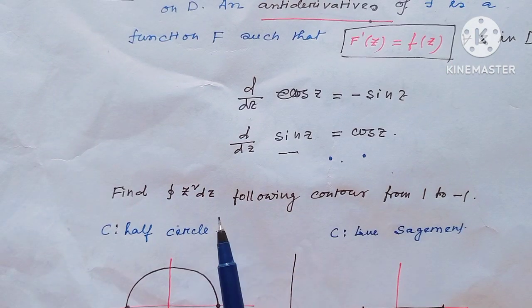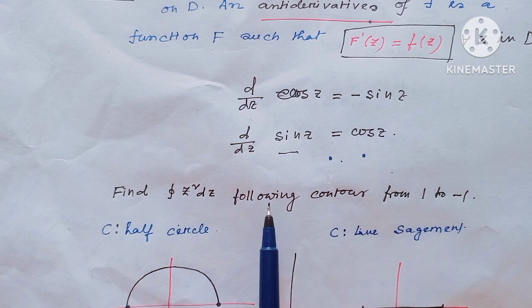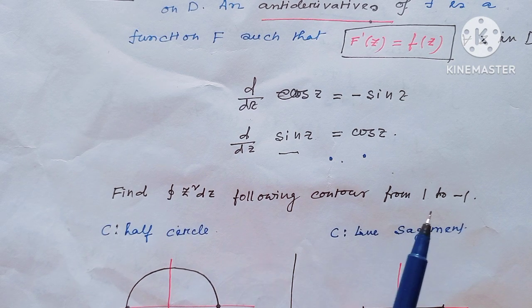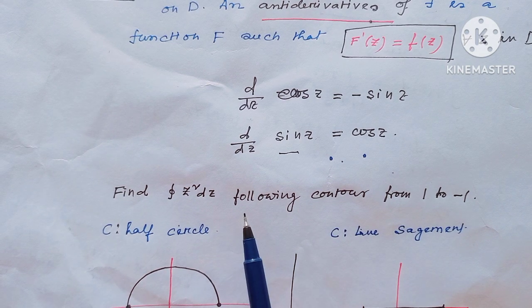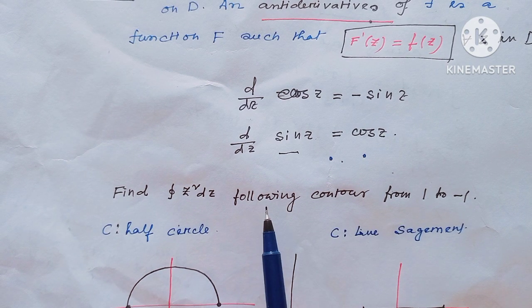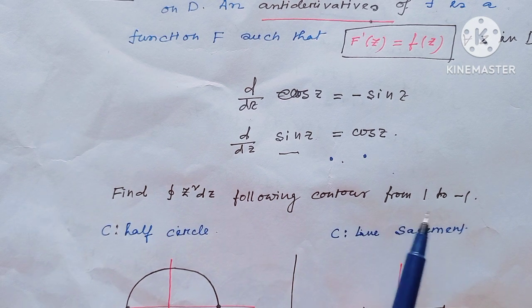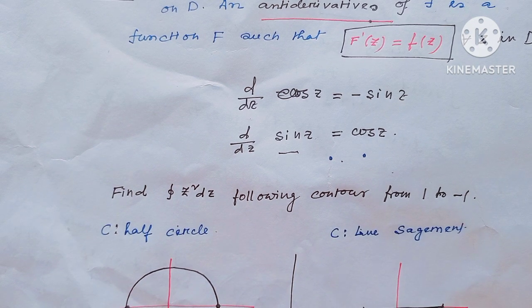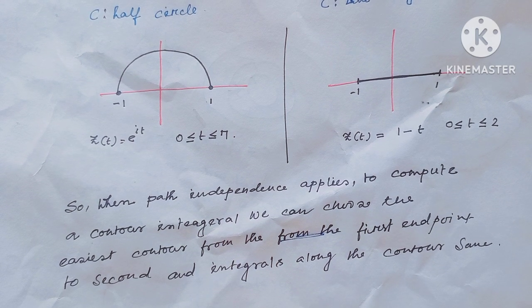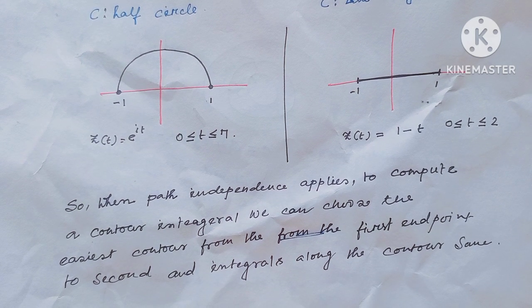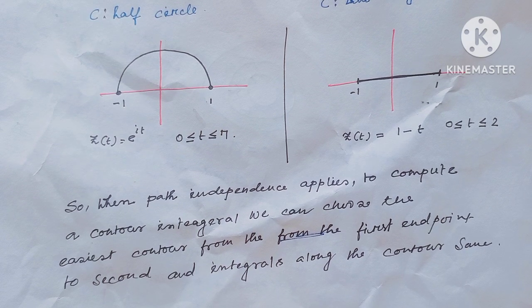Now find the integration of z square dz along the following contour from 1 to minus 1. Here we have to check the first endpoint and the second endpoint along this contour.